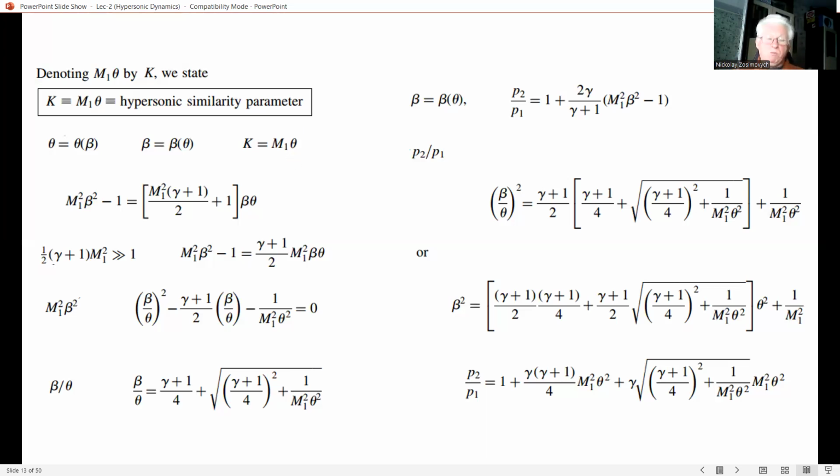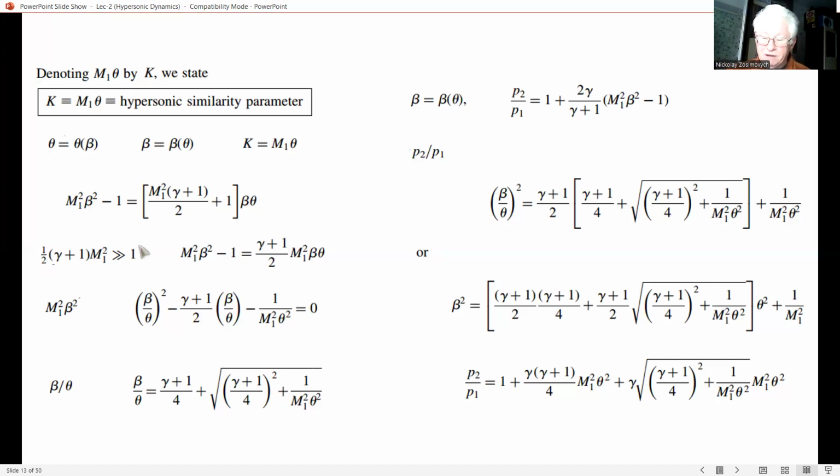Specifically, for small angle this reduces to the following expression: M1 squared times beta squared minus 1 is proportional to M1 squared times (gamma plus 1 over 2, plus 1) times beta times theta. In this equation, we may assume that M1 is large and finite.